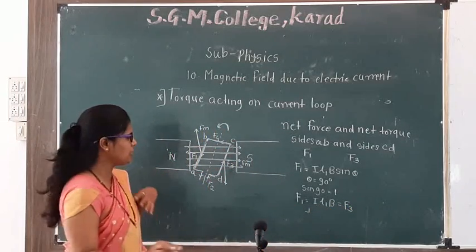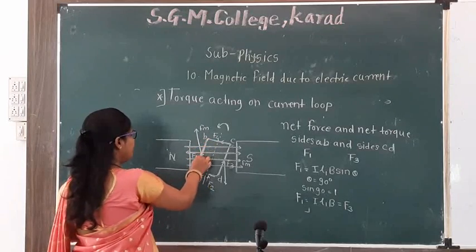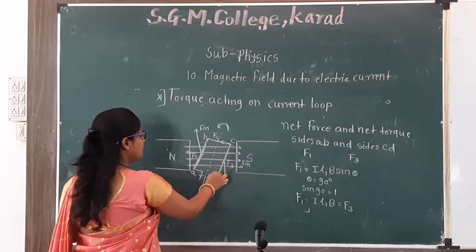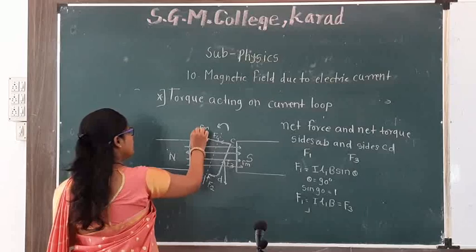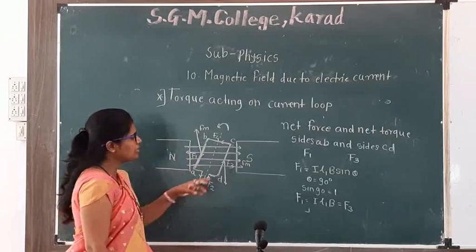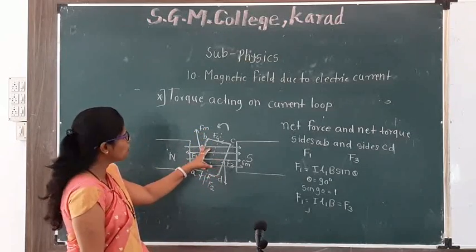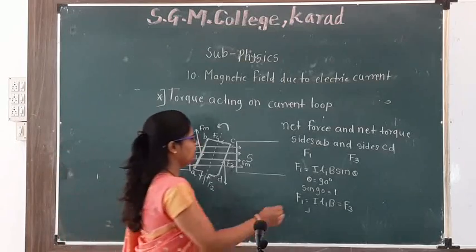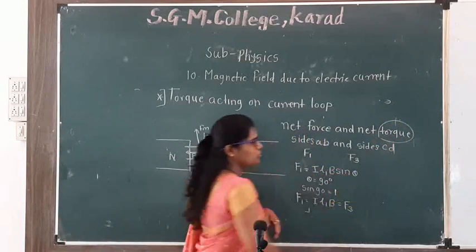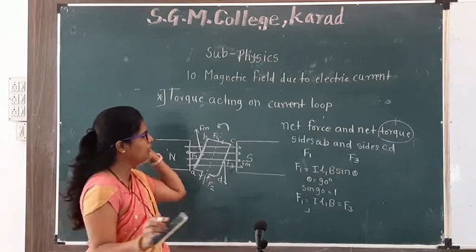These are the two forces acting on the sides AB and CD. These two forces are not along the same line, so they produce a torque.